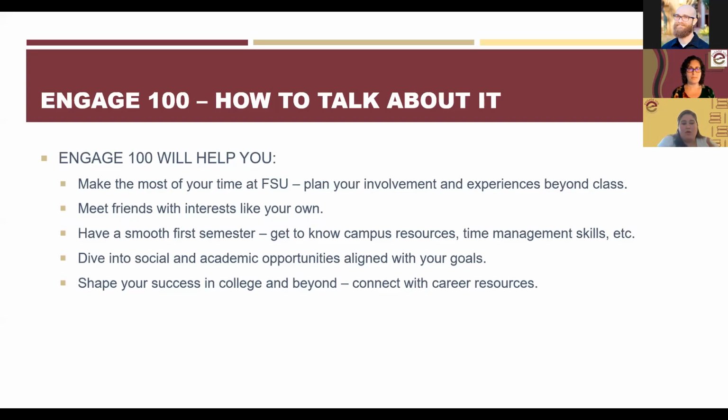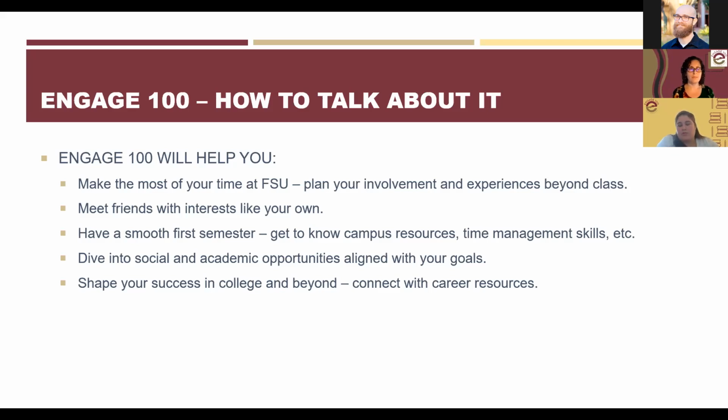They will learn from a peer mentor during that acclimation period. So they'll really learn how to get acclimated to FSU and make the most of that very first semester, get to know some campus resources and learn from their peers how to be successful here at FSU.